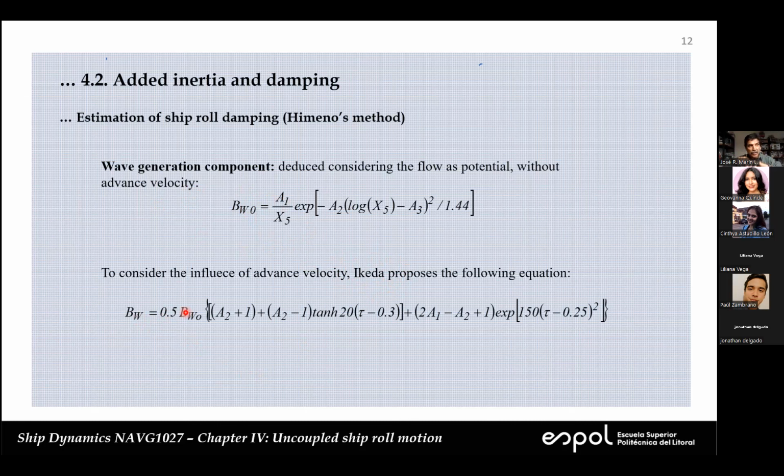They get the component of friction and wave and lifting and all of that, and they saw how the change was in this wave generation, just in this case. And that's the result. You see that here, they take this value, put it in here, and from there they apply these parameters, and probably some of this will depend on the velocity. At the end, you get a new parameter, W waves, but no 0. That means that in this case, they are including the influence from the velocity.